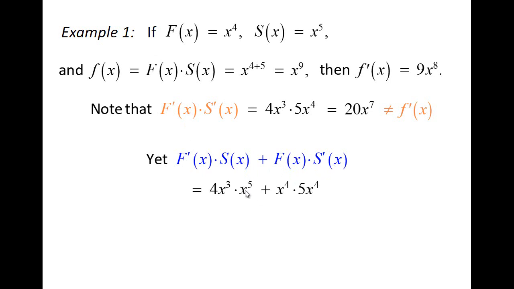And so if we calculate this quantity, what do we get? Well, F prime of x would be 4x cubed, S of x is x to the 5, capital F of x is x to the 4, S prime of x is 5x to the 4. So if we do the algebra, we get 9x to the 8.